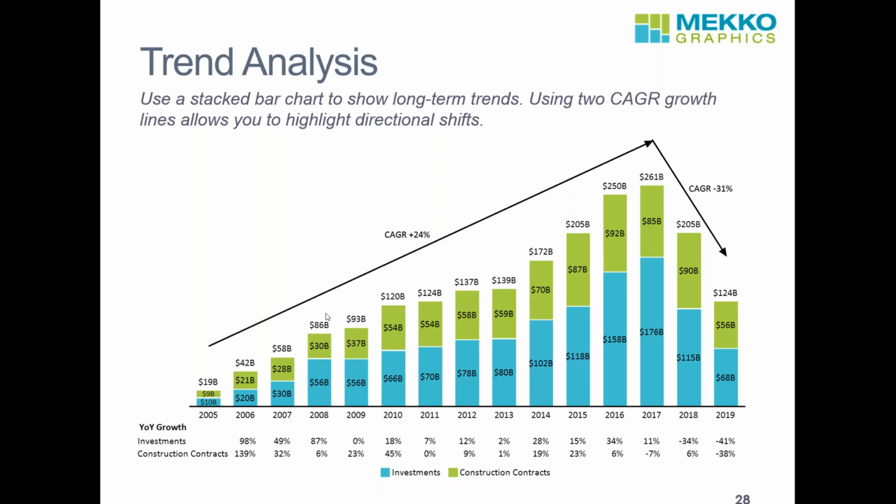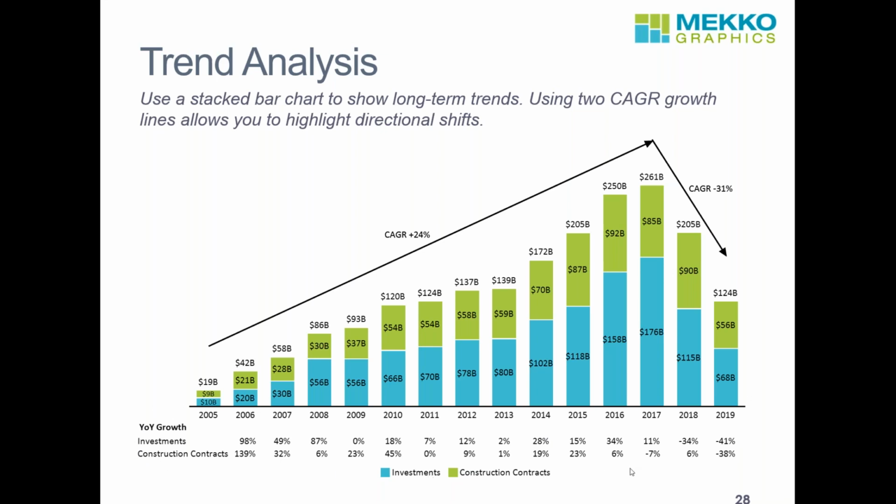So we're showing high growth for these first 12 years, and then low growth, or then shrinkage for the next two. And we can highlight that not only with the columns in the bar chart, but also with the CAGR columns. And then if you want to focus on individual growth, you can show individual year-over-year growth in each of the categories in these data rows.